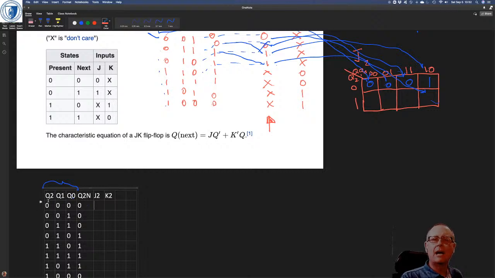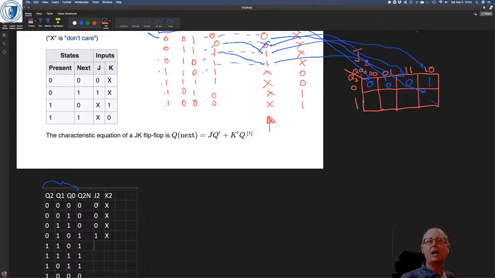The only transition I'm interested in at the moment is going from Q2 to Q2 next. So 0, 0 means that, looking up the excitation table, it is 0x, and 0, 0 again is also 0x, and 0, 0 again is also 0x. Then it's 0, 1, so now it's 1x.